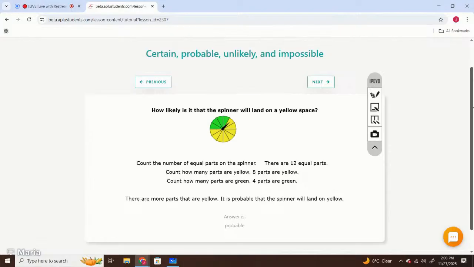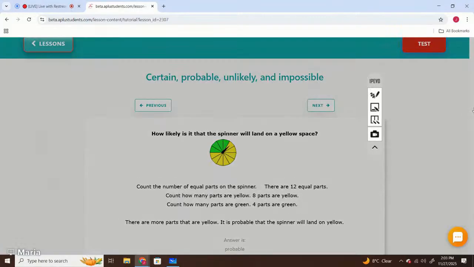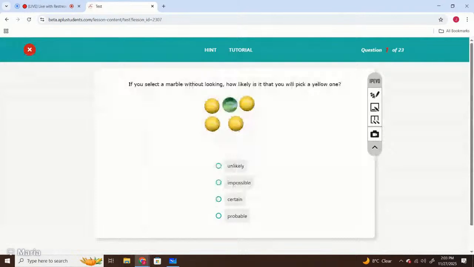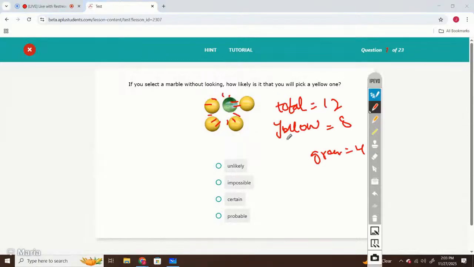Let's just start with the test questions. If you select a marble without looking, how likely is it that you will pick a yellow one? So let's just count the total marbles.